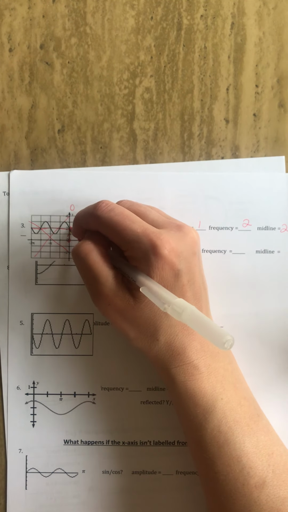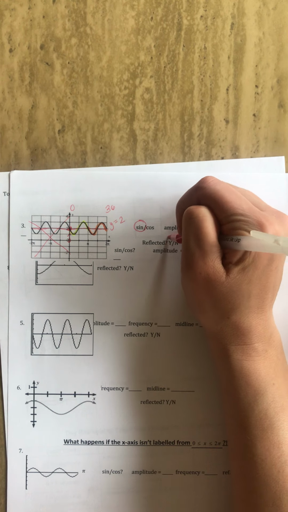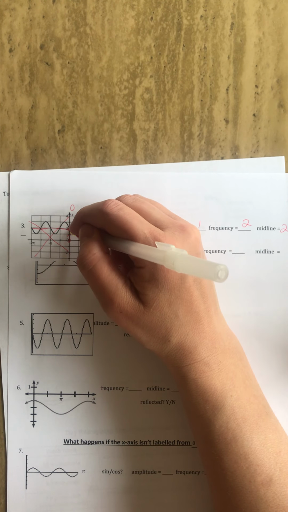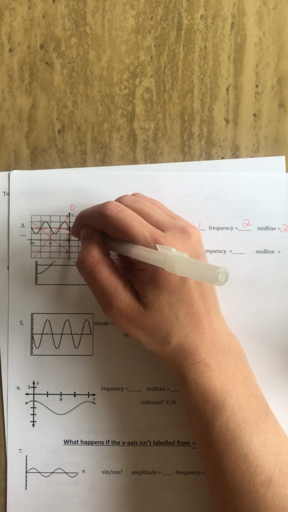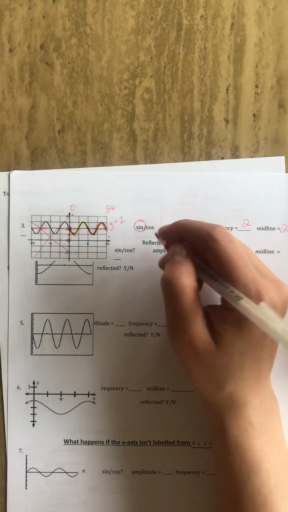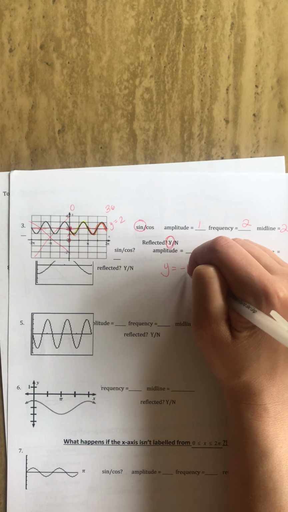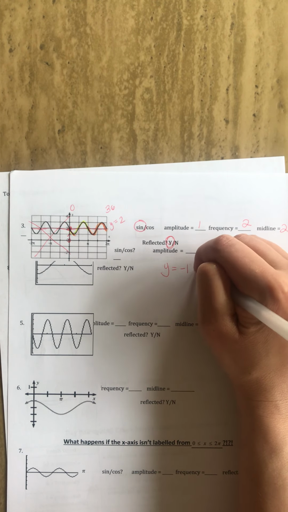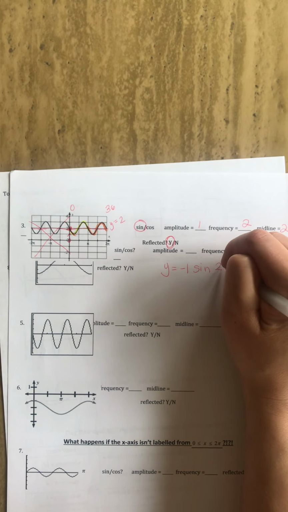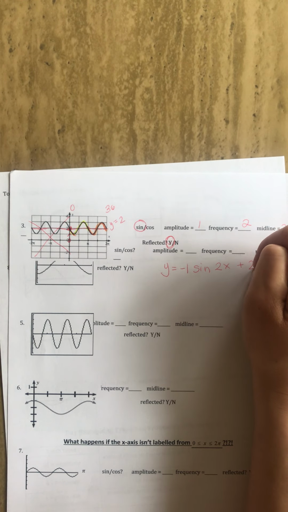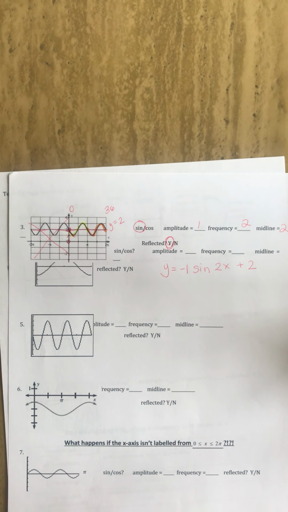Was it reflected? Yes, it was reflected, because you can see that it went down first with sine and then back up. So our equation is y is equal to -1, because that's our amplitude, sine 2x plus 2.